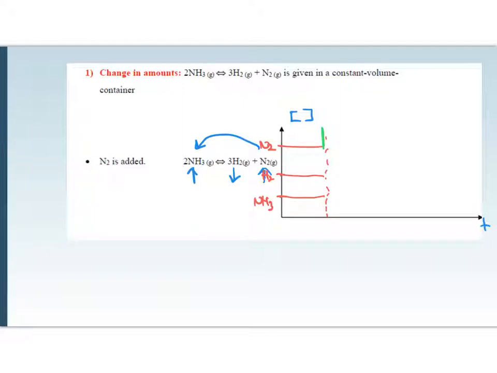Then the reaction just goes left-hand side, meaning the ammonia is increased, where the hydrogen is decreased. The nitrogen will be consumed a little bit, but its concentration will be higher than its original value. So this should be the new equilibrium. This is equilibrium 1, let's say, and this is the new equilibrium.